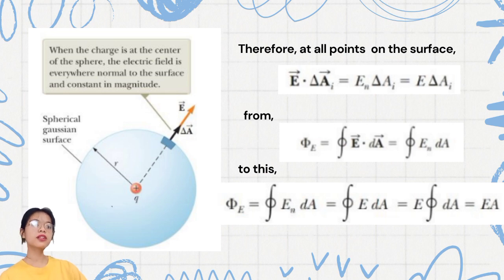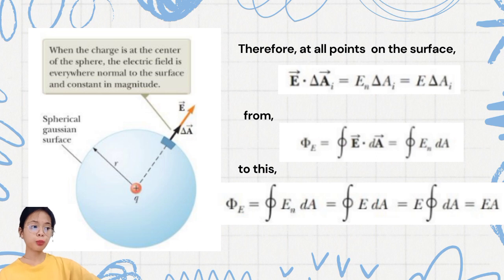The field lines radiate outward and hence are perpendicular to the surface at each point. The broken lines you can see from the point charge at the center of the sphere radiate outwards, and those are the field lines.